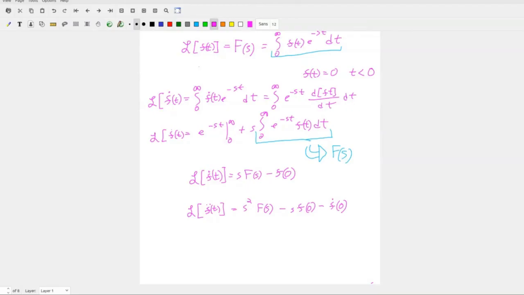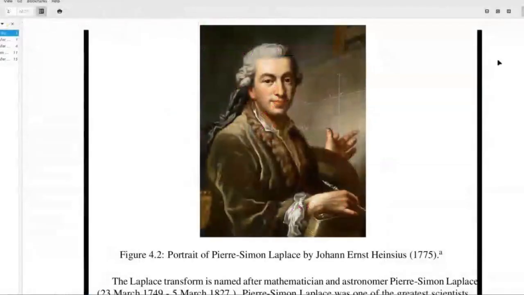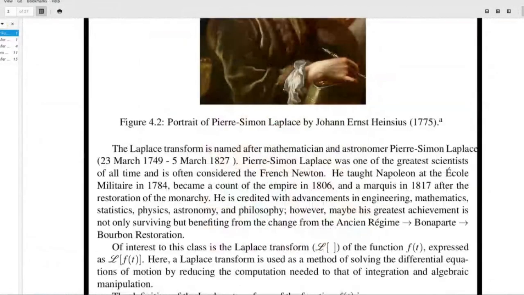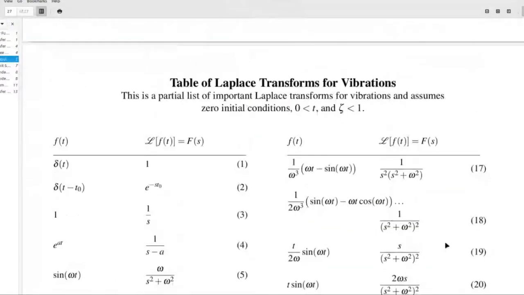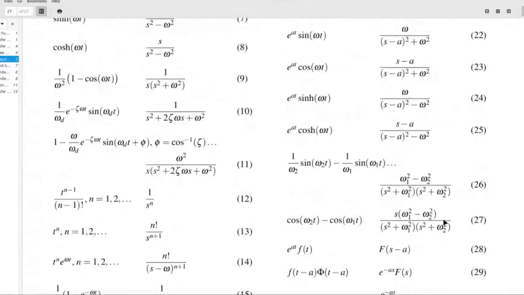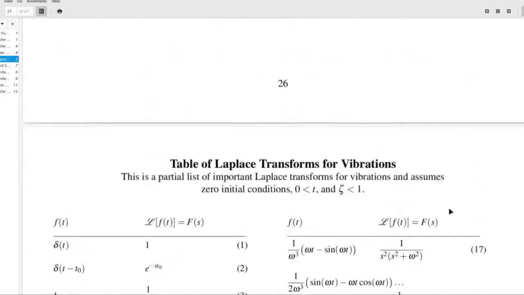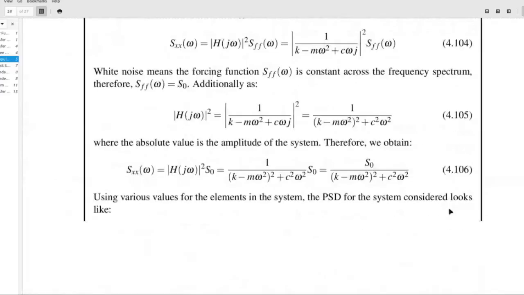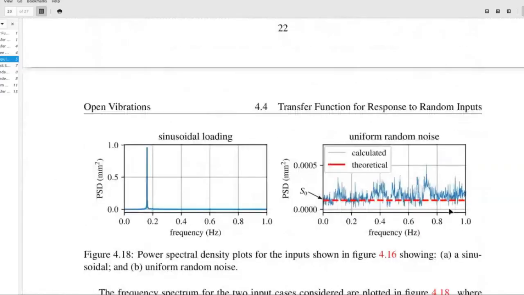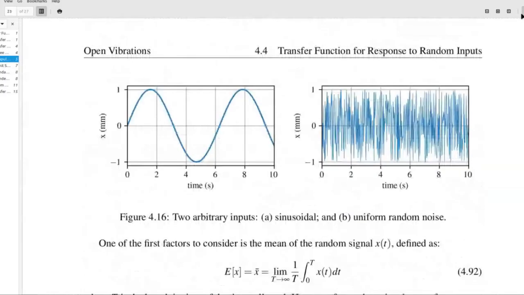You will have on the back of your notes, you can download it from Blackboard, and also at the very end of the chapter, a whole list of Laplace transforms. You can find these in calculus books, but these are rewritten in the variables that we use in this class, just so there's less confusion, right?